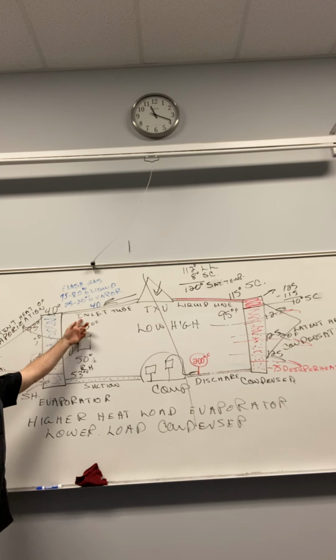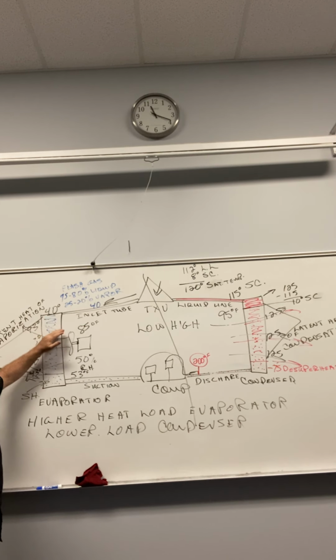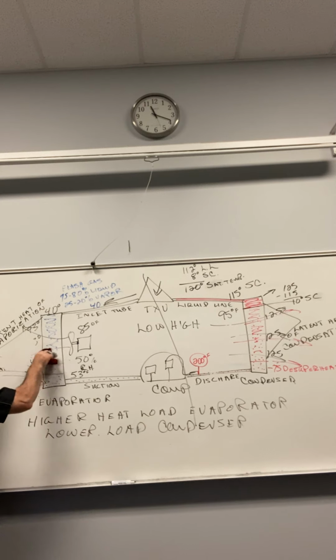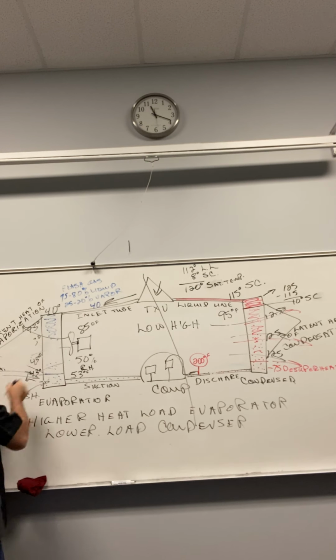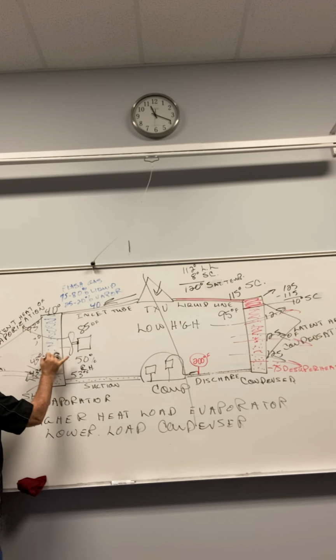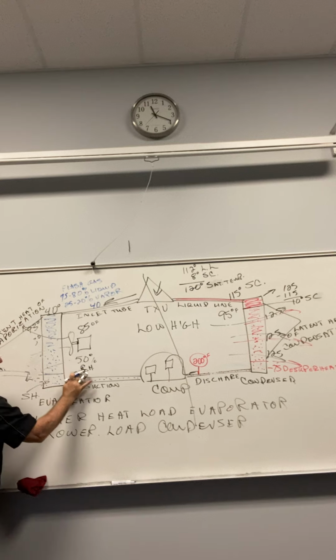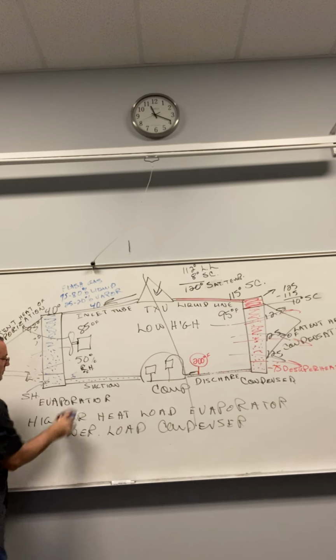In here, guess what happens to the liquid? It boils off sooner. Which means what? More gas. More gas means greater sensible heat. So your superheat will go way up. Okay?